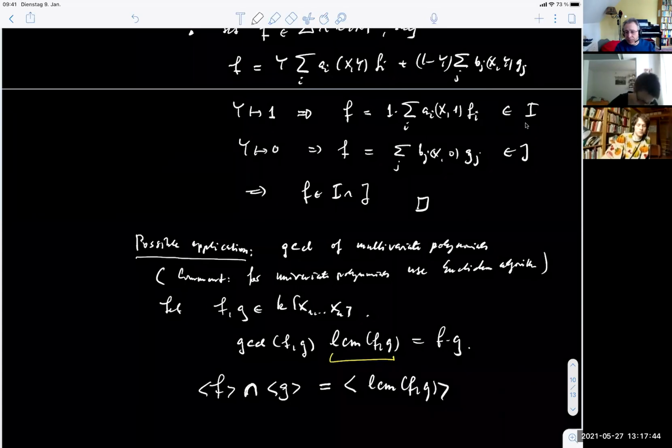So if you trust the algorithm before for computing intersection of ideals, it will give you this. You can compute it, in principle.